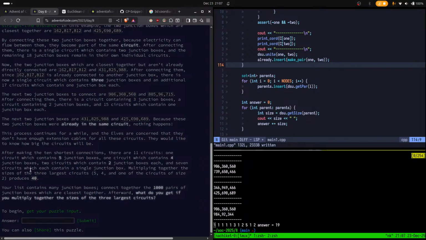7 circuits which each contain a single junction. 5, 7. These are correct.